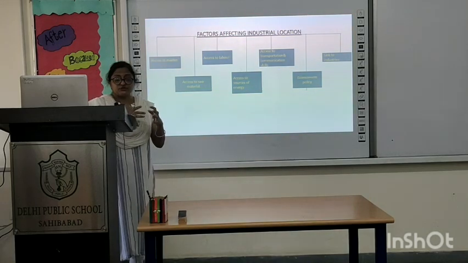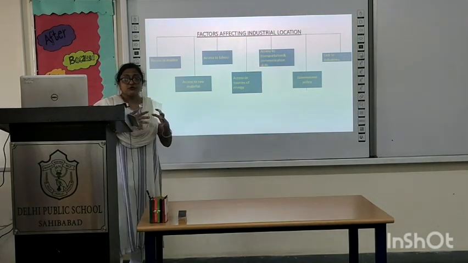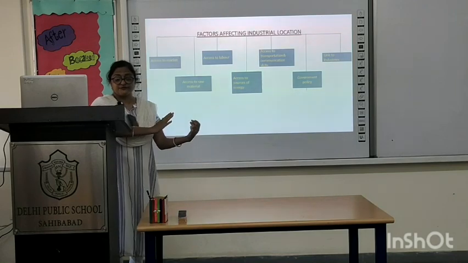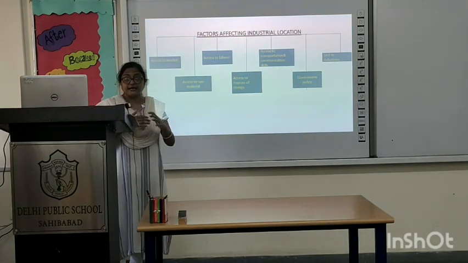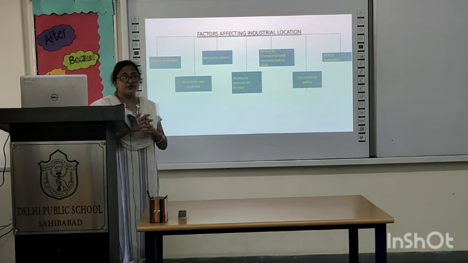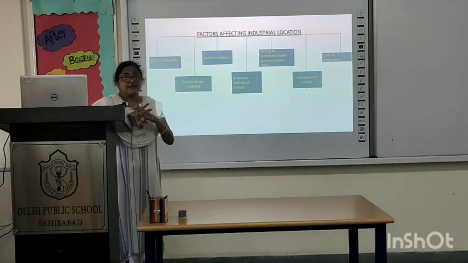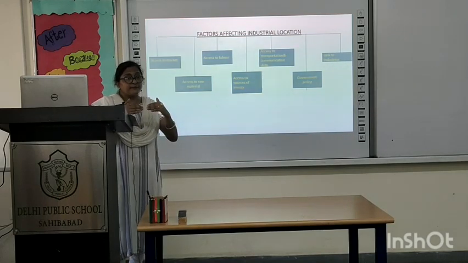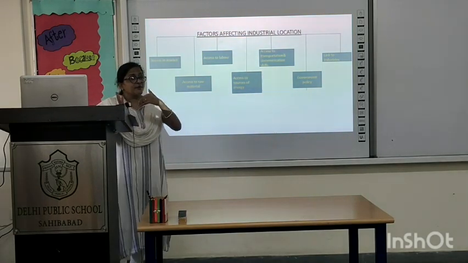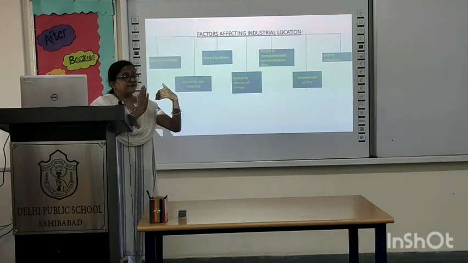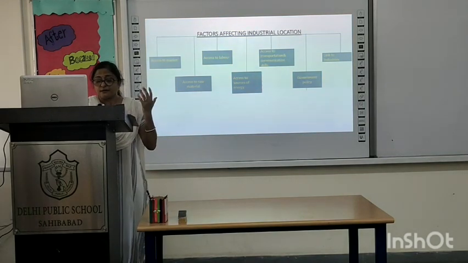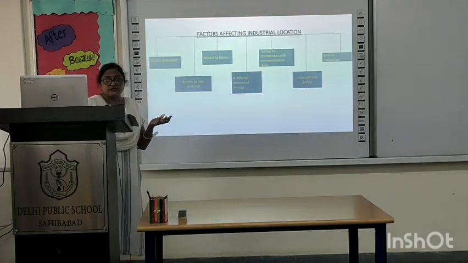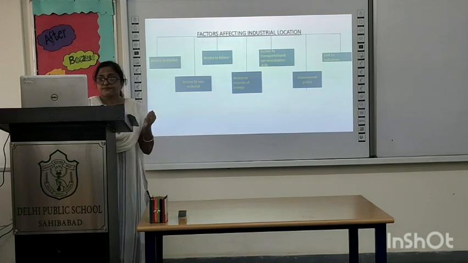Speedy and efficient transport facilities to carry raw material to the factory and to move finished goods to the market are essential for the development of industry. So transport plays an important role here, and access to transportation is very necessary.